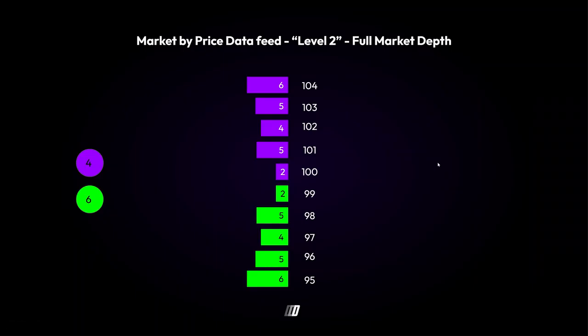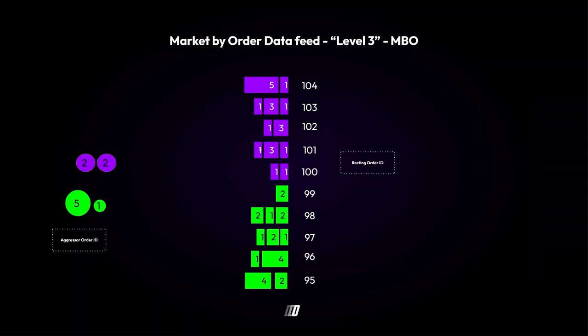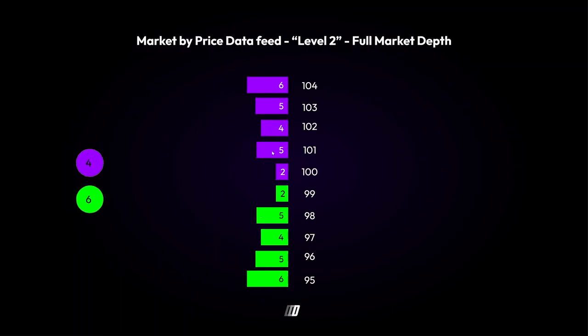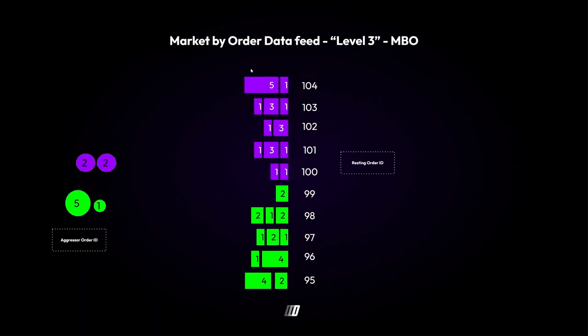The next level is seeing every single order, okay? Because here this 5 contracts could be one big 5 contract order or multiple small orders of 1 each. That's market by order data, or level 3, MBO, market by order.